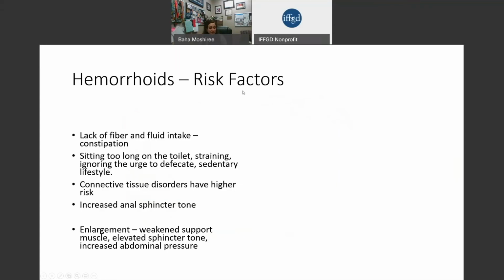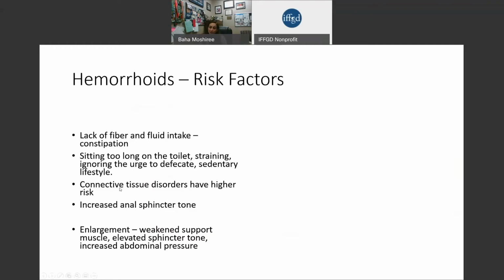The risk factors for hemorrhoids: lack of fiber and fluid intake has been a potential risk factor. Sitting too long on anything, even at a desk, like we've been doing during COVID with virtual interviews and everything, can be a cause. Sitting too much on the toilet, straining too hard, and ignoring the urge to defecate can all be problems.